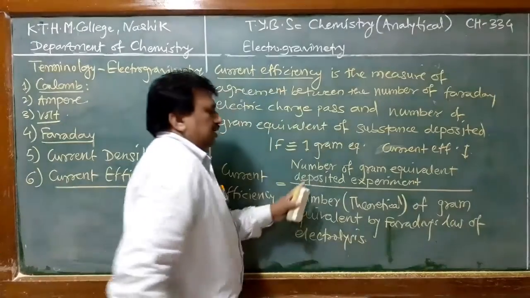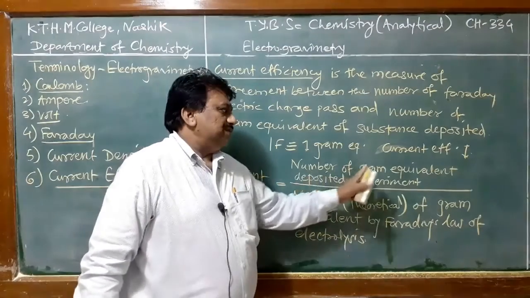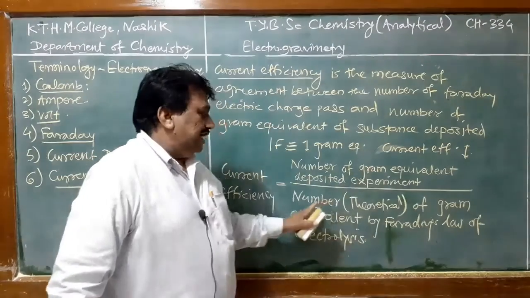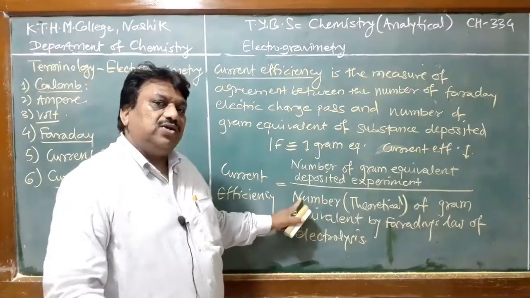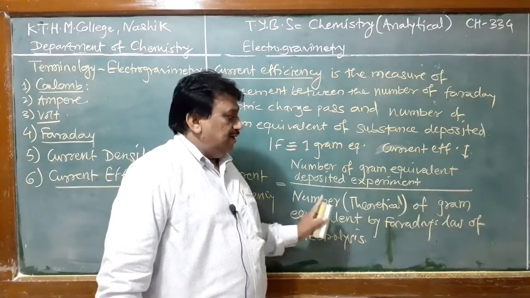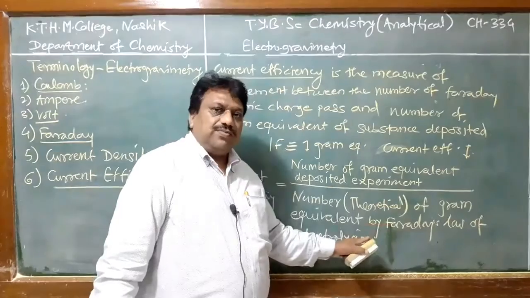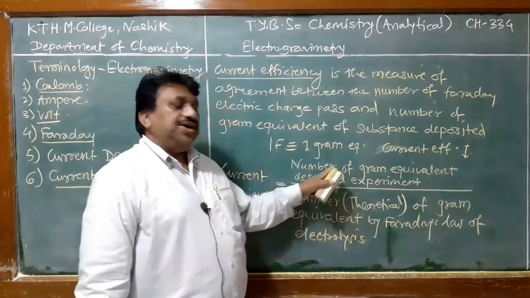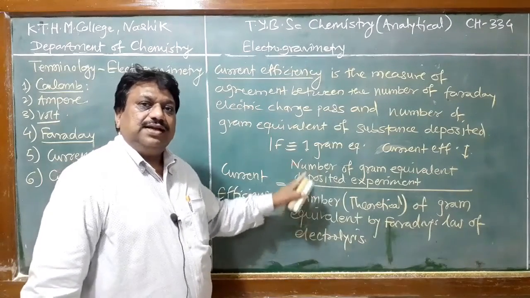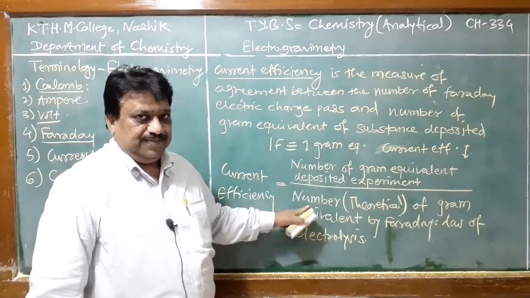That means experimentally how much amount of substance is liberated, divided by the theoretical yield, or theoretical amount of substance liberated, which we can calculate by means of Faraday's law. This ratio is called current efficiency.